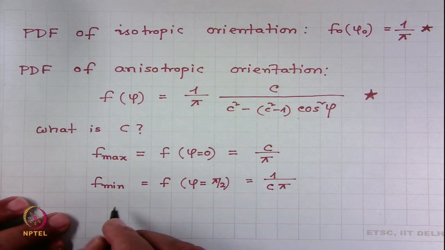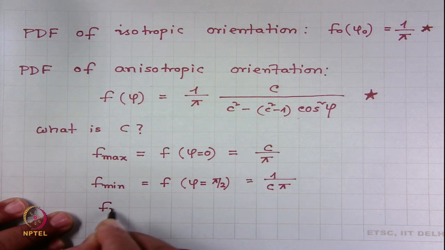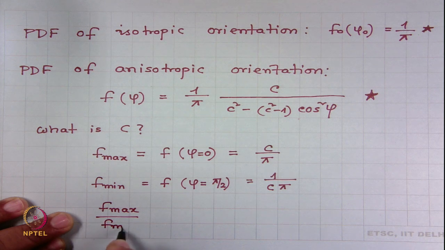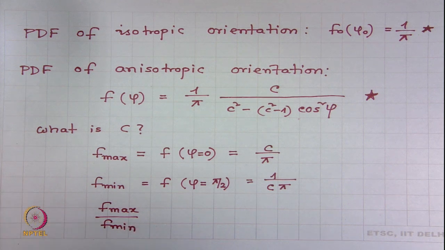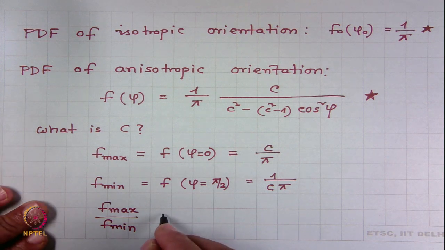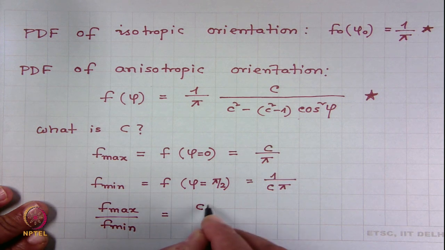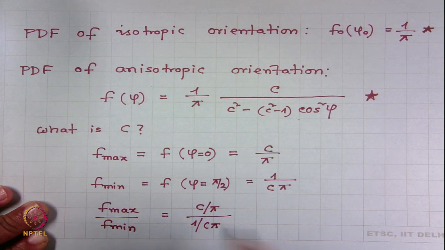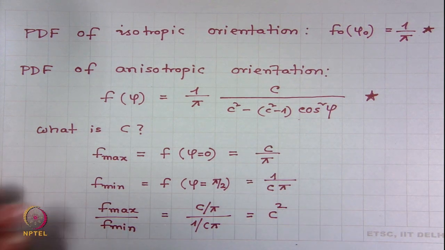Okay. What will be this ratio? Maximum frequency divided by minimum frequency. C by pi divided by 1 by c by pi. So, this will be c square.